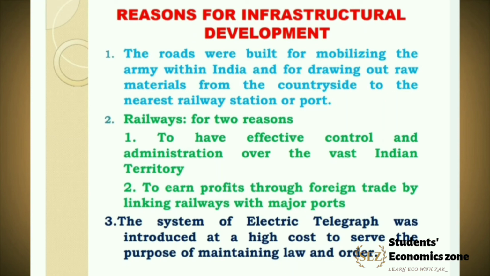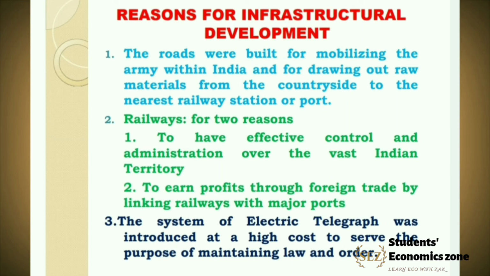That means Britishers introduced a unique method of land revenue system, that was the zamindari system. And next one, traditional method of cultivation. They didn't introduce new methods of cultivation. As a result, Indians used traditional methods of cultivation.